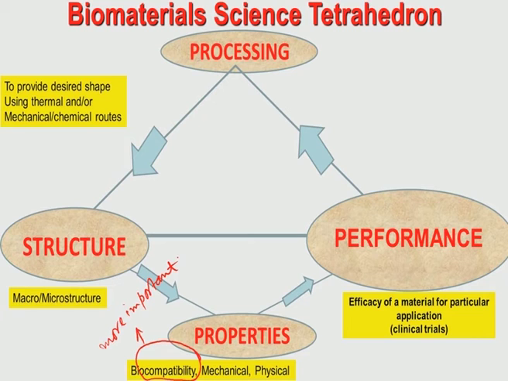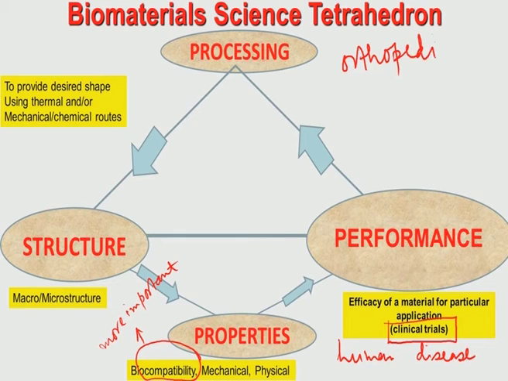Now, finally, the performance of these materials needs to be assessed, that is, how these materials can finally be useful to treat certain human diseases. Therefore, the human disease model needs to be considered while developing these biomaterials. Some common applications are orthopedic, like osteoarthritis or osteoporosis treatment.